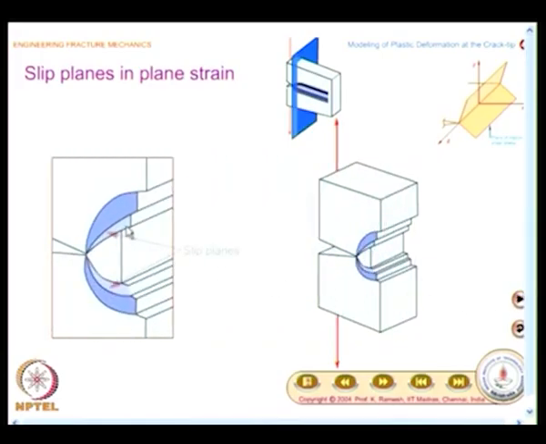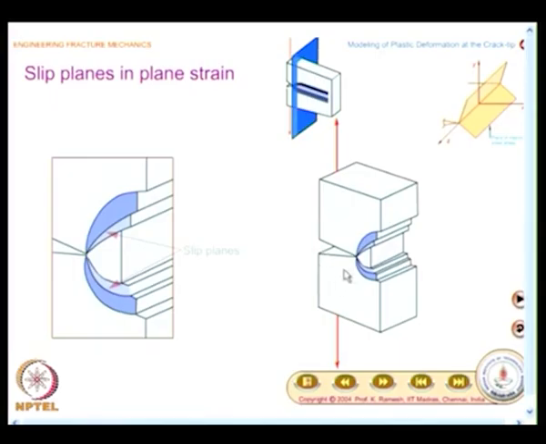So, what you find is the planes are oriented like this, very similar to what you see here, and you will have slipping of these planes occur. Try to make a sketch as closely as possible.